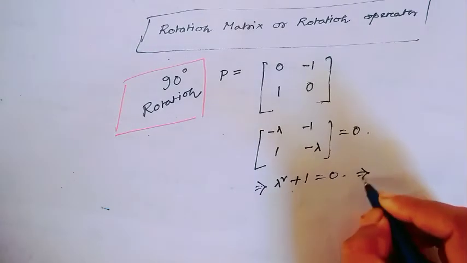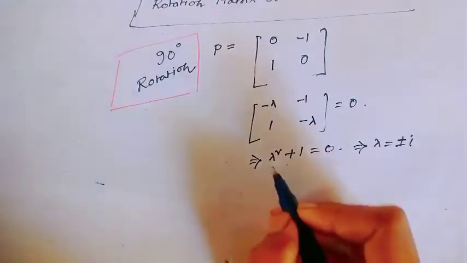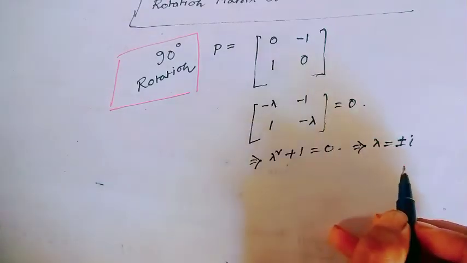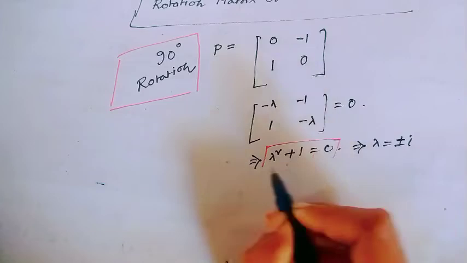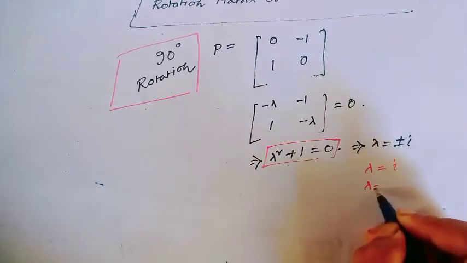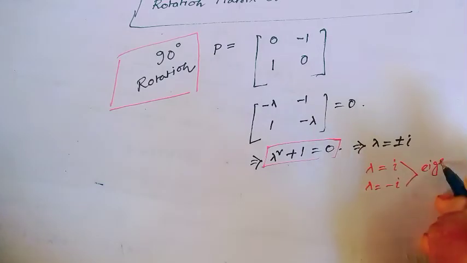That implies lambda equals plus or minus i. Are you getting? From the characteristic polynomial, how we will find the eigenvalue? This is the characteristic polynomial, and lambda equal to i and lambda equal to minus i are the eigenvalues.